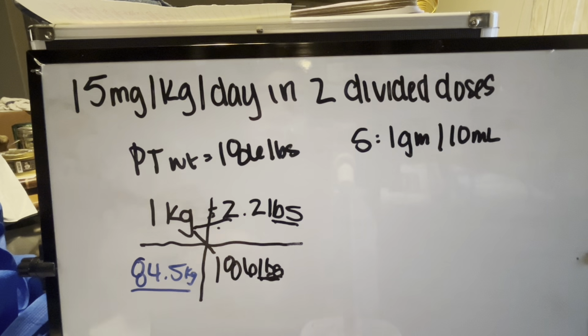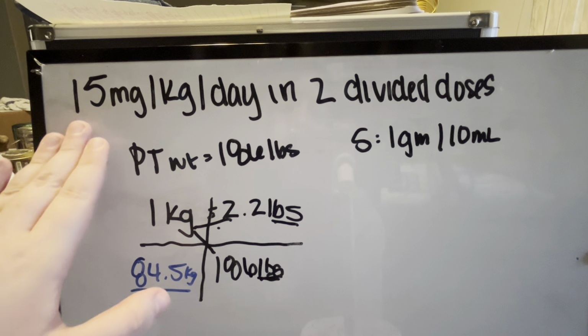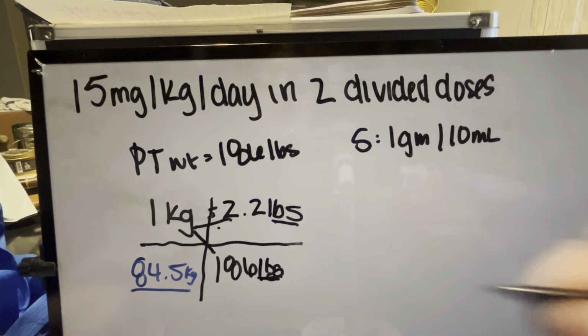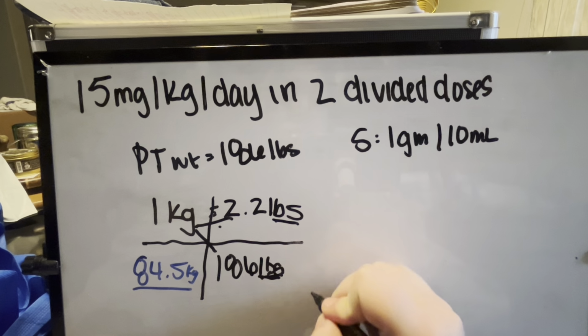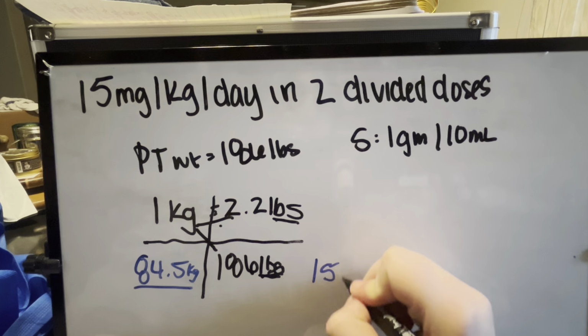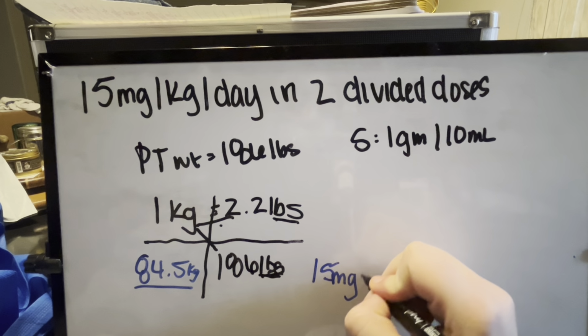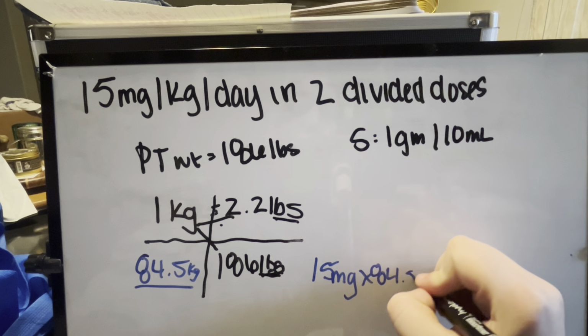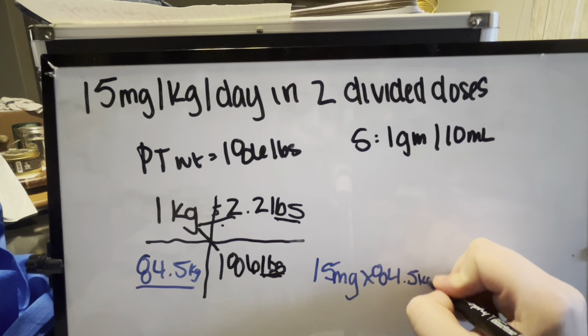Wonderful. So now that we know our kilograms, let's go back to the beginning of this problem. So we have 15 milligrams per kilogram. Now the per, this slash means times. So we're going to times it. So we are going to take our 15 and times that by 84.5 kilograms.